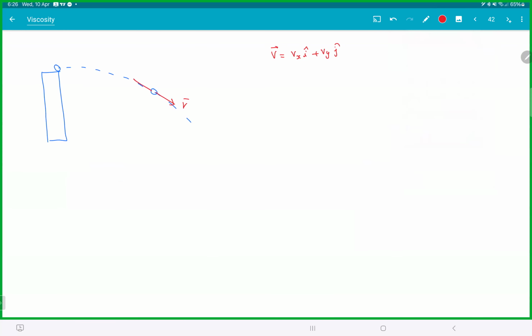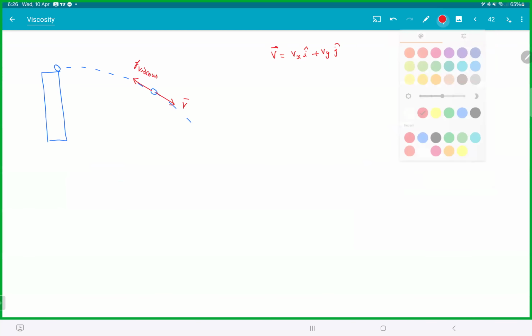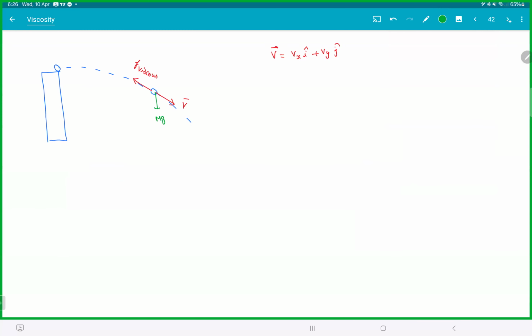So the viscous force is supposed to be this way, and mg is this way. To make your life easy, we can write the components. This will be kVx, and this will be kVy. Agreed? The horizontal component of viscous force and the vertical component of viscous force.